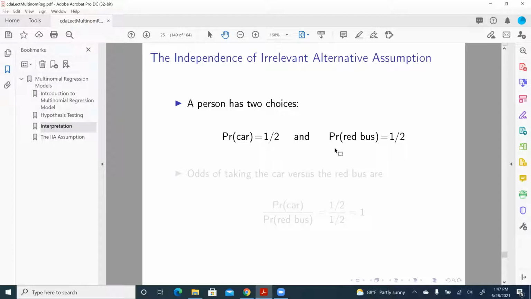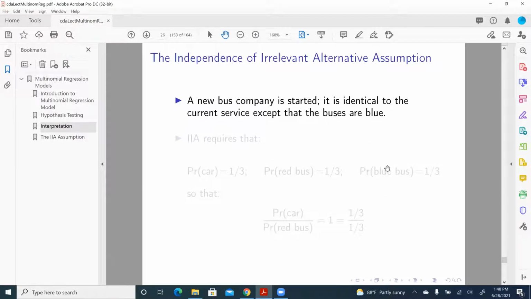So the odds of taking the car versus the red bus, taking a ratio of these two probabilities, is 1.